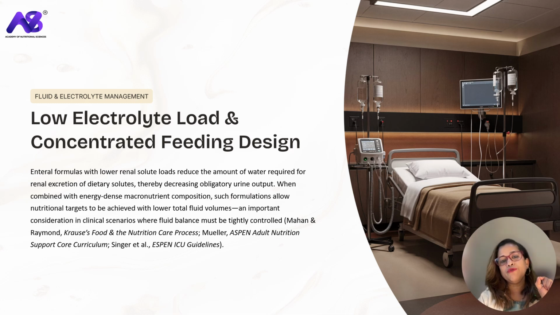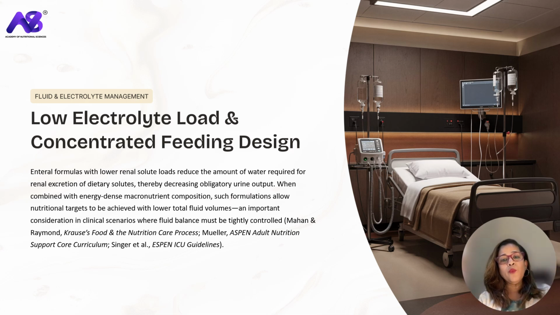So if you have a formula which also has these properties, along with a lower renal solute load, that is always important, because it reduces the amount of water required for the renal excretion of these dietary solutes, and therefore decreases the obligatory urine output.